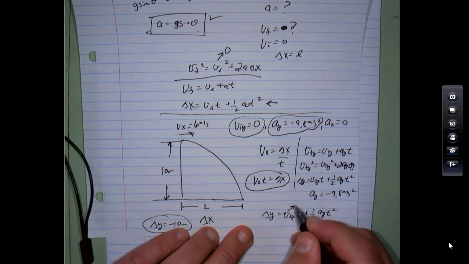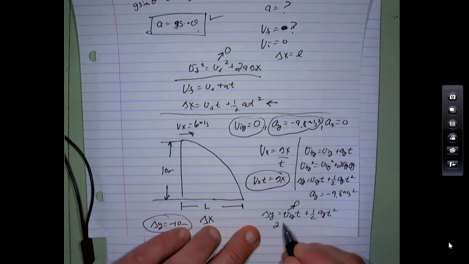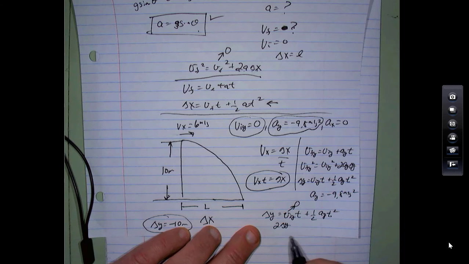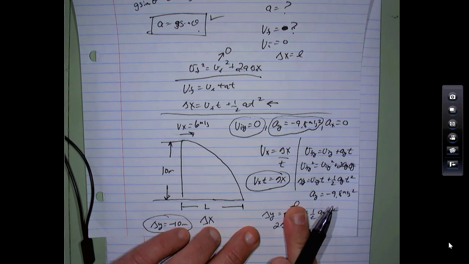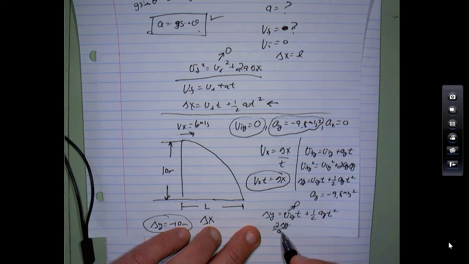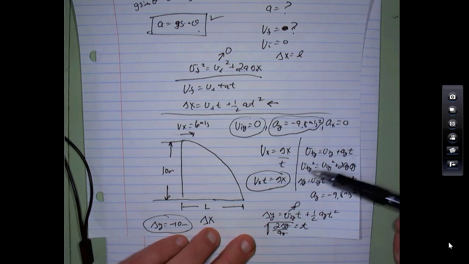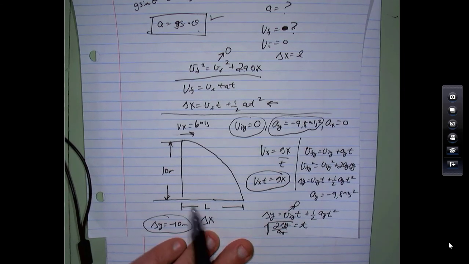This term is 0, so multiply both sides by 2, divide by the acceleration in the y, and the square root of that will give you the amount of time. And then you need that amount of time up here to figure out how far we scoot over in the x direction.